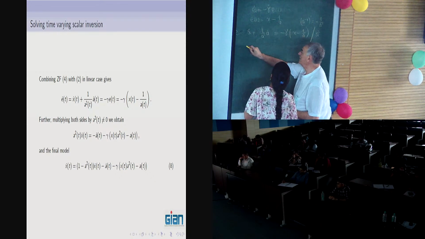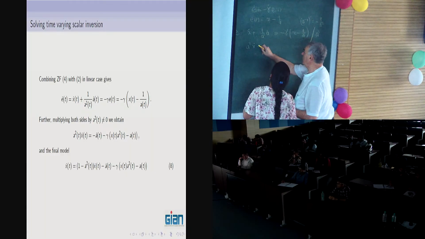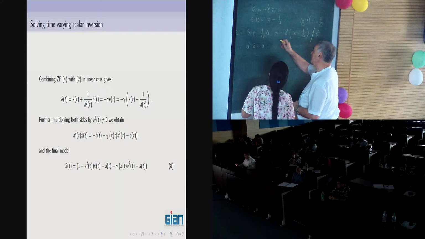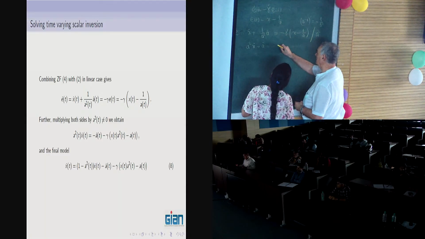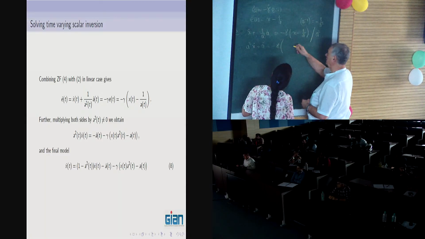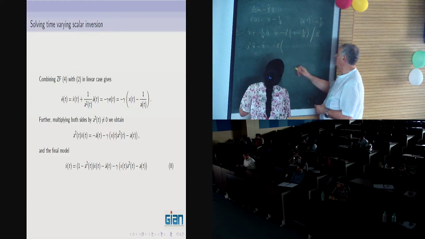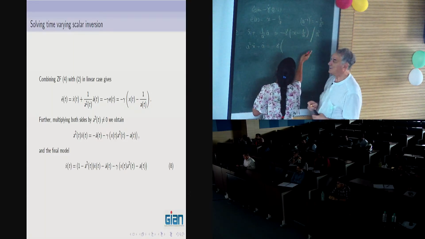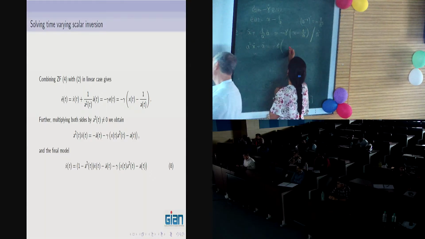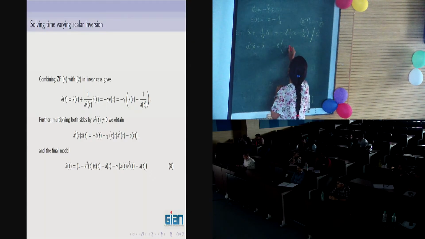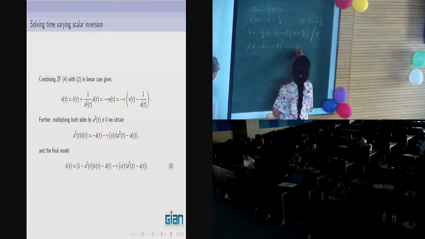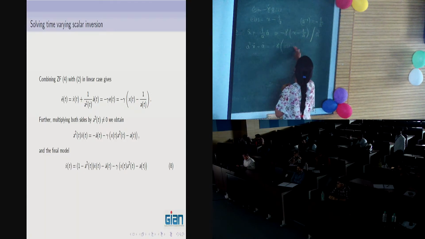We will obtain a square x dot plus 1/a dot, then minus gamma a square x, the same a square, minus a, no, minus a, minus a.